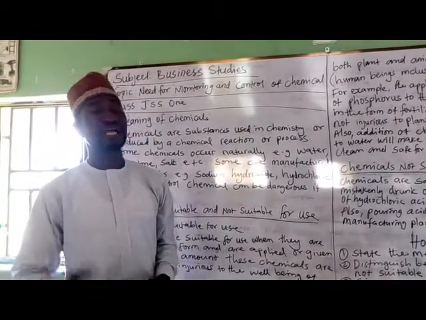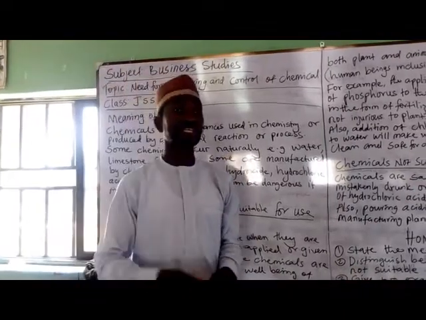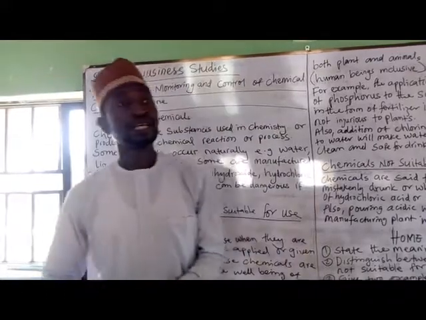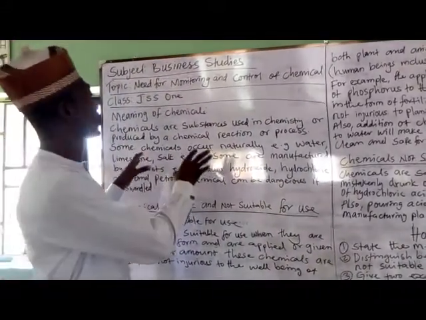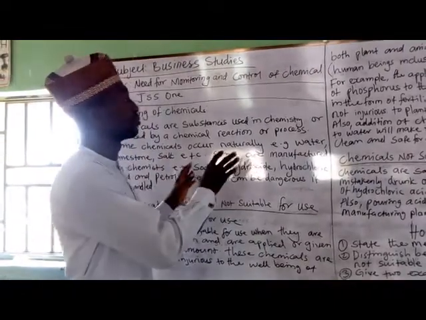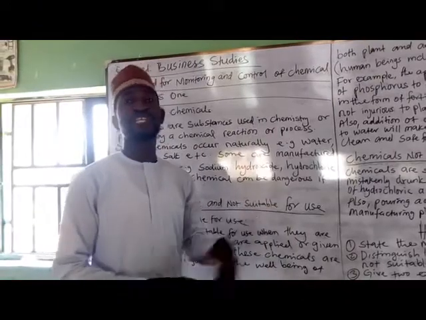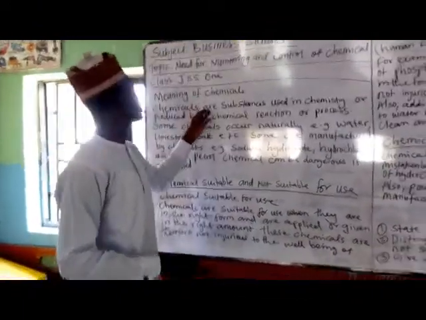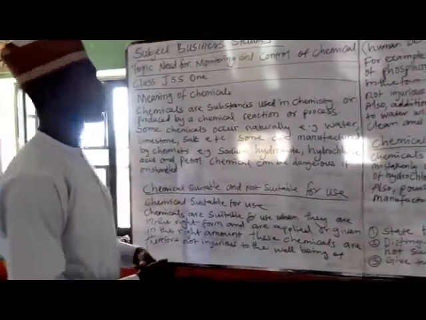Just like I rightly said, you know what chemical is. You know the effects of chemicals. But today, what we are going to look at is a bit deviant from what we discussed in our previous term. Now, we are going to start with the meaning of chemicals.